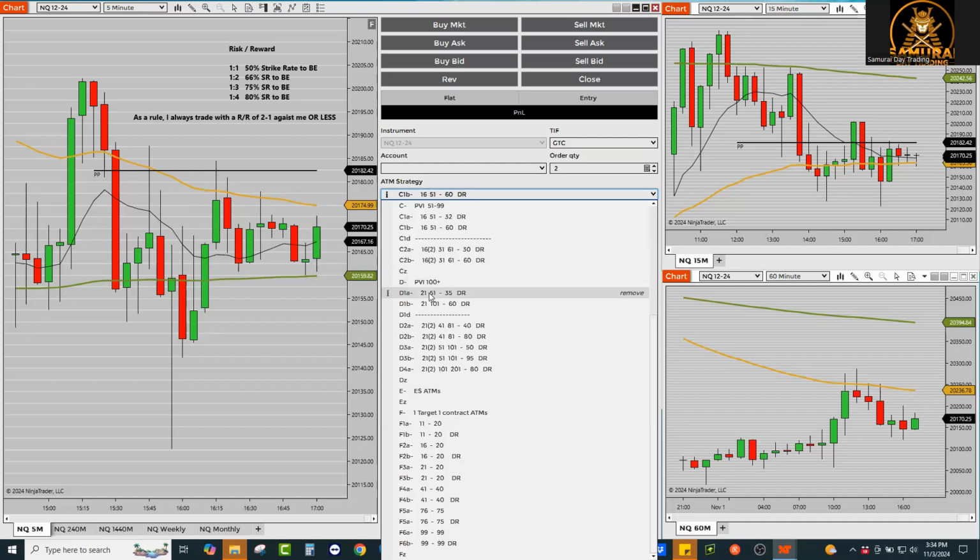Now if PVI gets over 100, here's my 2 target ATM. That's my 1-to-1 risk reward. That's my 2-to-1. I guess I could make 1-to-1 and 2-to-1 on these, but I'll just leave them the way they are.